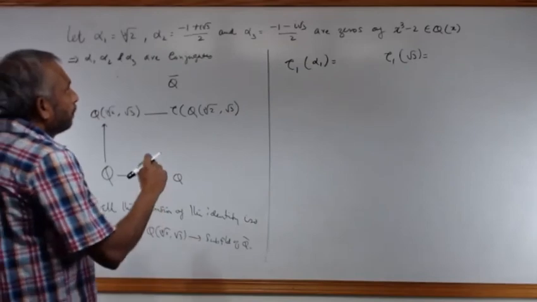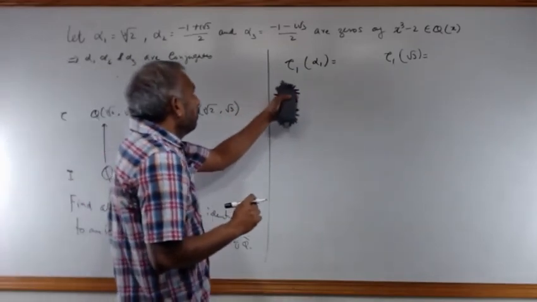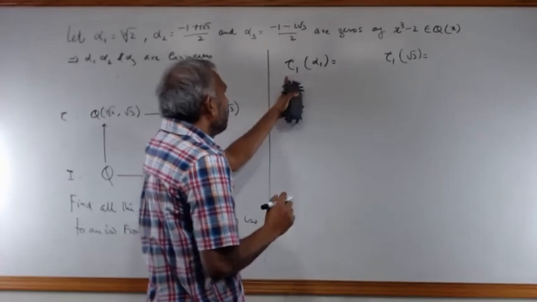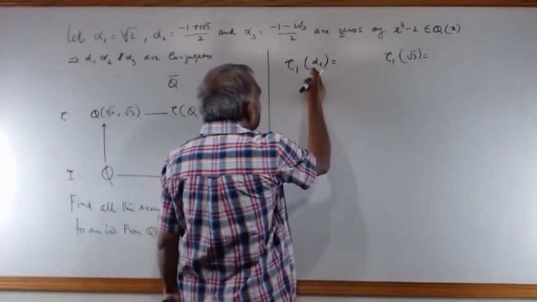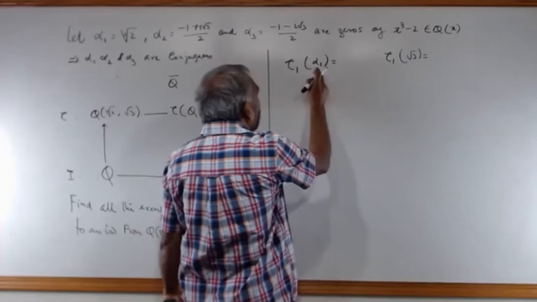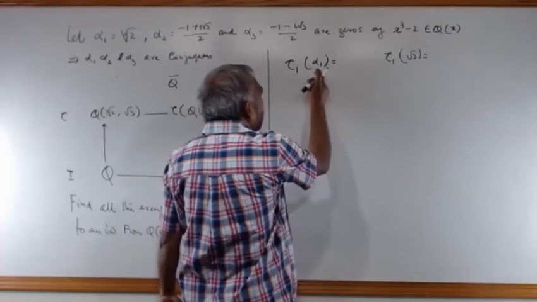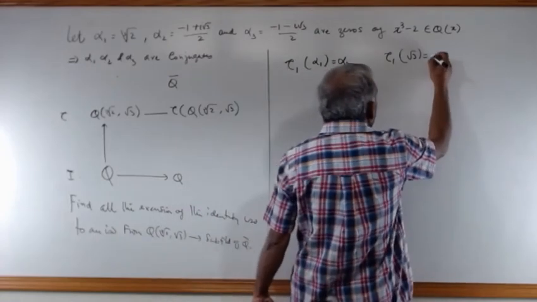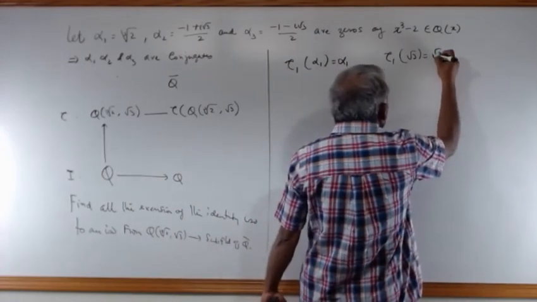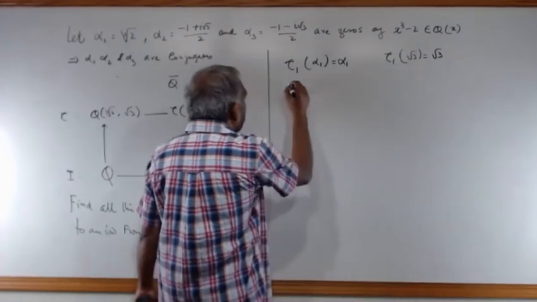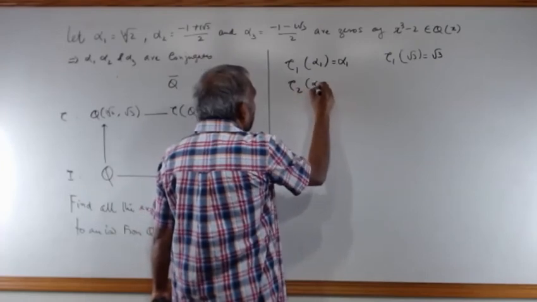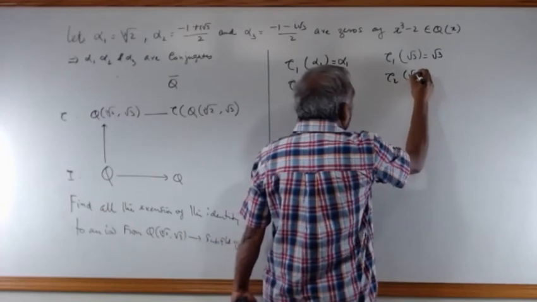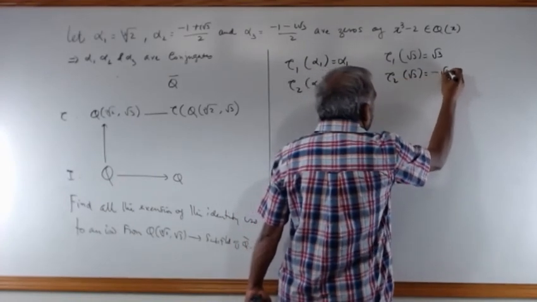So in order to make tau1 an isomorphism, this has to be mapped onto a conjugate of alpha 1. So let us make it alpha 1, and root 3 maps to root 3. The second one will be tau2 of alpha 1 is equal to alpha 1, tau2 of root 3 is equal to minus root 3.